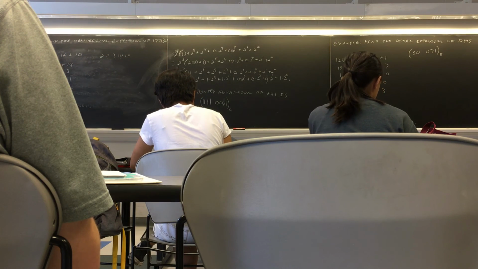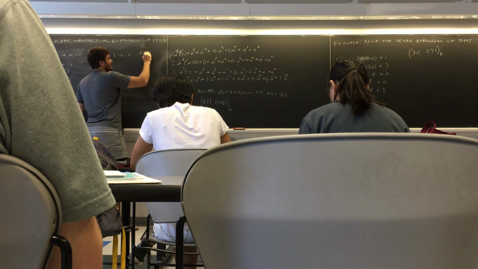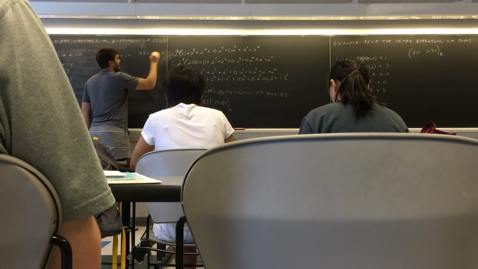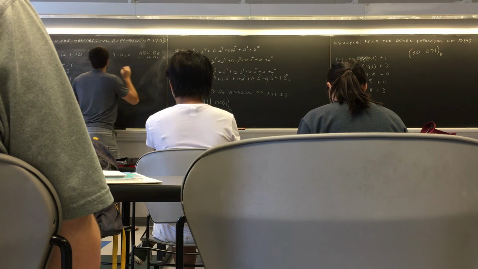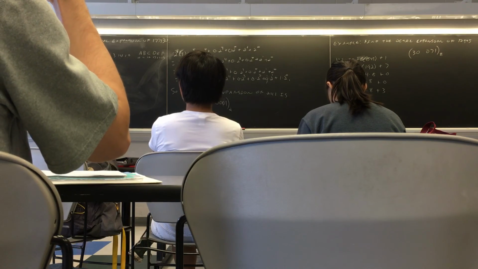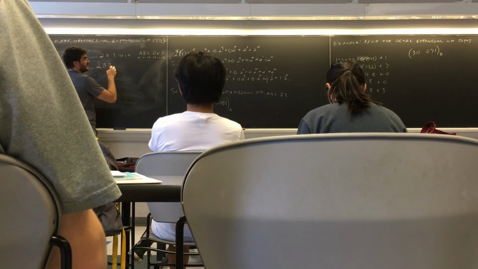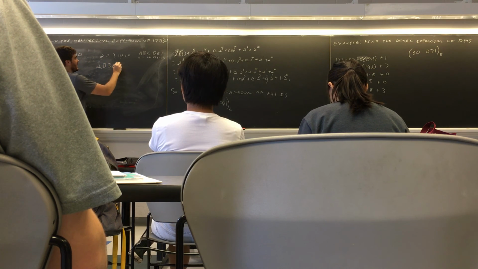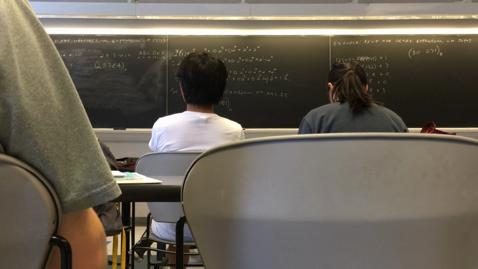That's why we use these symbols. So remember A, B, C, D, E, F is 10, 11, 12, 13, 14, 15. So this is actually 2, B, 3, E for 14, A for 10. So 2B3EA, base 16.